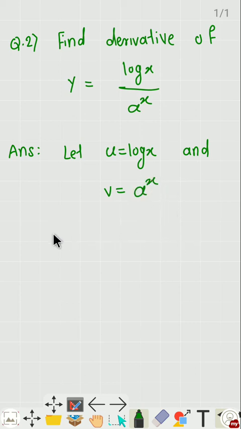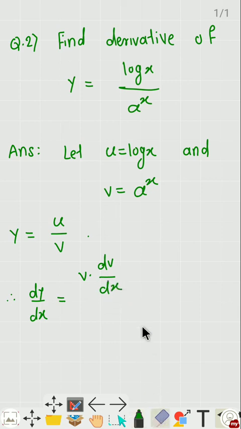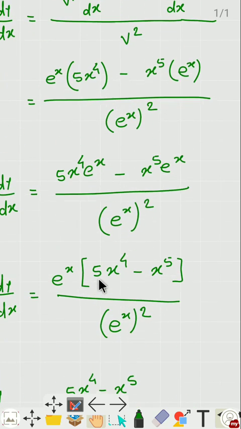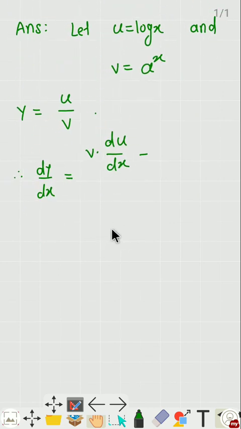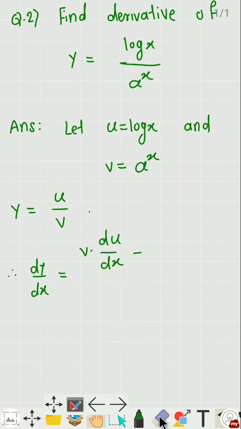So our function y becomes u upon v, and therefore the derivative of y with respect to x is equal to, as a rule of differentiation, v into the derivative of u with respect to x, and there must be a minus sign, minus u function as it is into the derivative of v with respect to x, and the whole divided by v square.